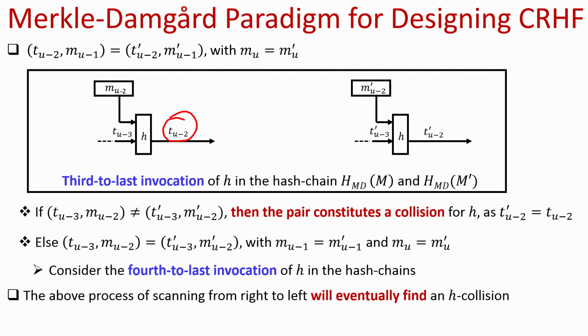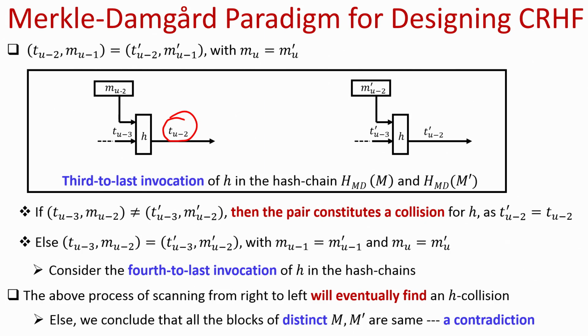So what we are basically doing here is parsing the hash chains of M and M dash respectively, and the claim is that eventually we will end up finding a collision. Because if we do not find a collision and we end up parsing from right to left and come to the first block of M and the first block of M dash, then it means that even though we have distinct M and M dash, all the blocks of M and M dash are the same, which is a contradiction.